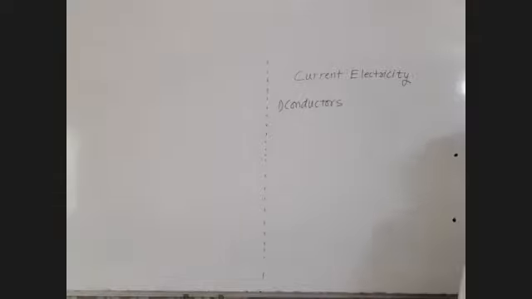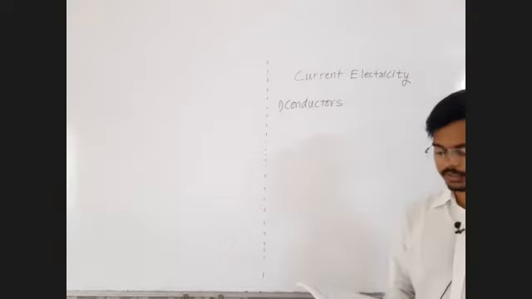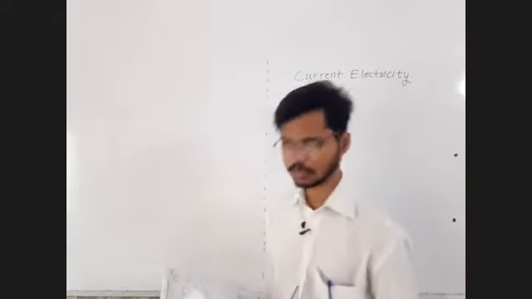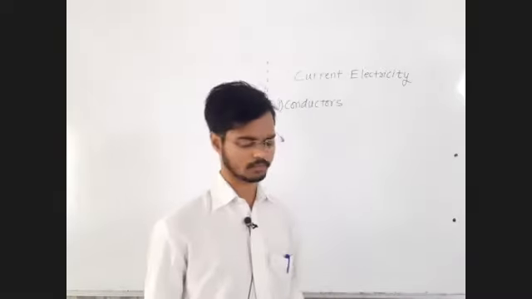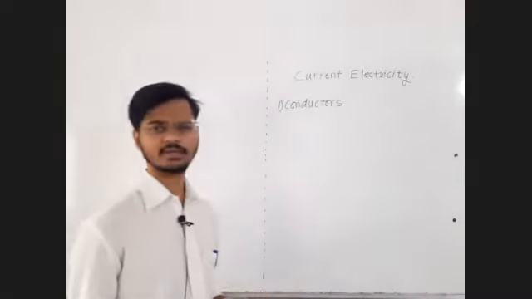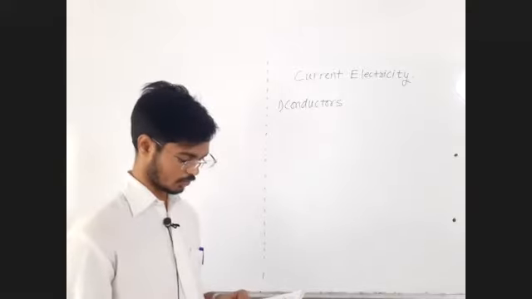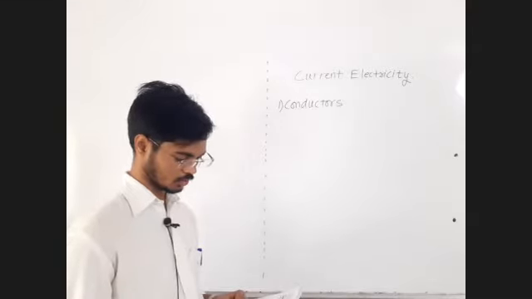So outer electrons are weakly bound to the atom or the molecule, and they can very easily leave the atom or the molecule.